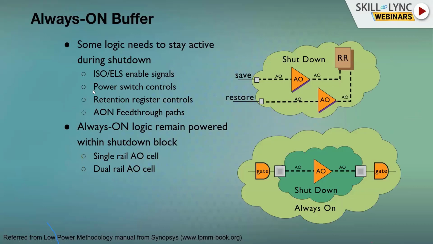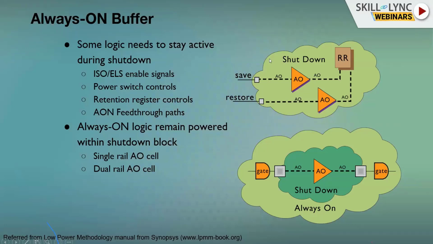Then always on buffering. Whenever your logic is going into off, and we still want some logic to be retained and used for some other purpose, we do that by always on buffering. So the power switch control signals, the isolation enable signal, power switch control signal, retention register control signal, and any feed through paths of always on, are the things which need to be always on.